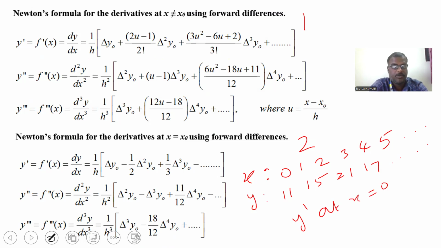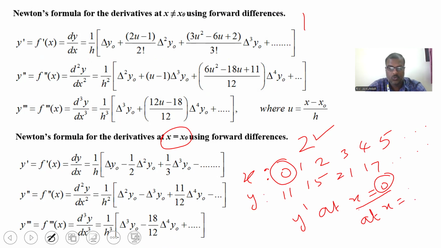You can choose the second formula, because when x = x naught, the x value and the x naught value are the same. Suppose they are asking to identify at x = 1. Then we have to use the first formula.